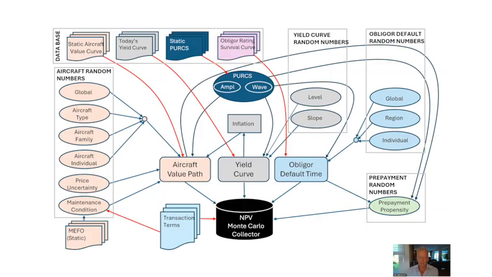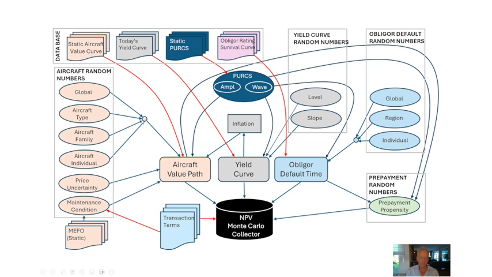Well, correlations can be quite difficult to model. In the MIDAX model, the way this is done is that we have looked at the random numbers generated in the Monte Carlo simulation to determine the path of the aircraft value.